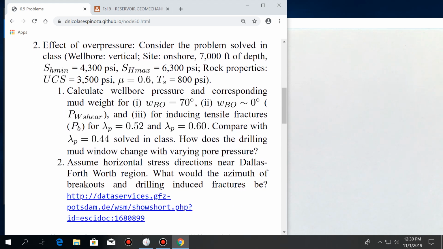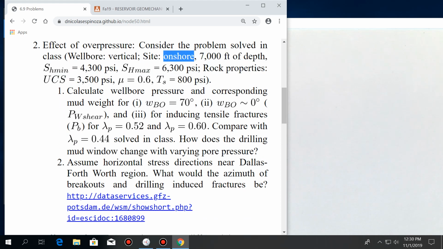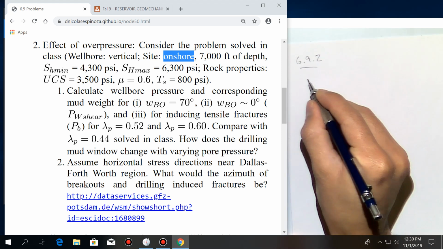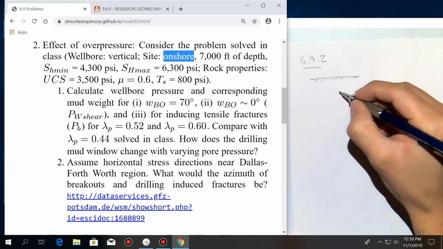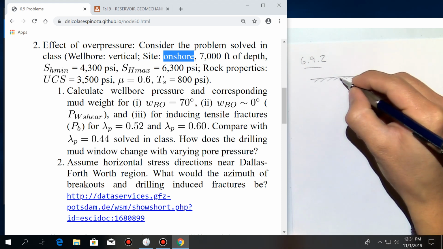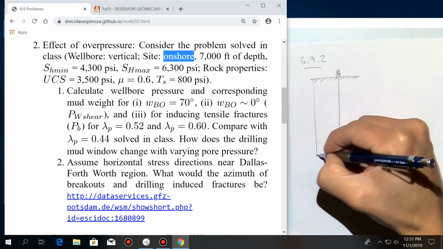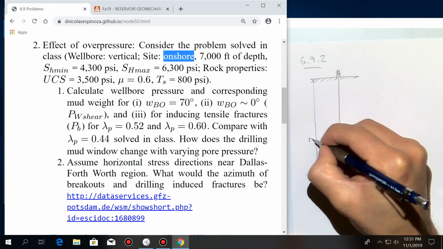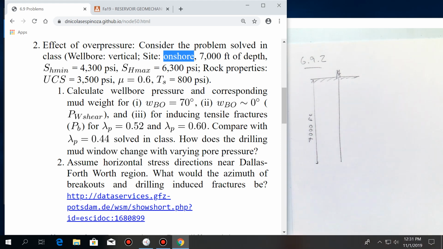Okay, so I'm looking at here. Okay, this is a place onshore and 7,000 feet of depth. It's a vertical wellbore. And what else?